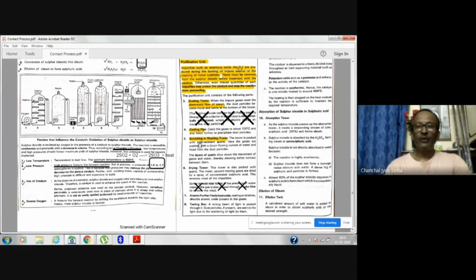It is packed with quartz and a downflowing current of water, which further settles down the dust particles.